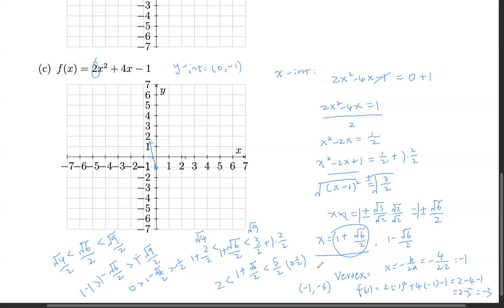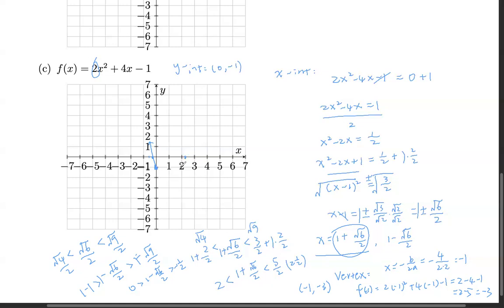Oh, hold on, something's wrong. Because this is a negative b over 2a. Yeah, negative 4. Our y-intercept is 0, comma, negative 1. That's right. That's impossible.